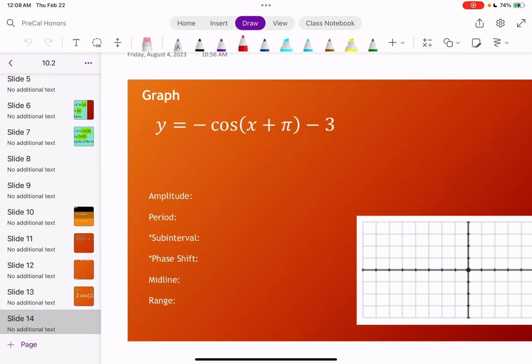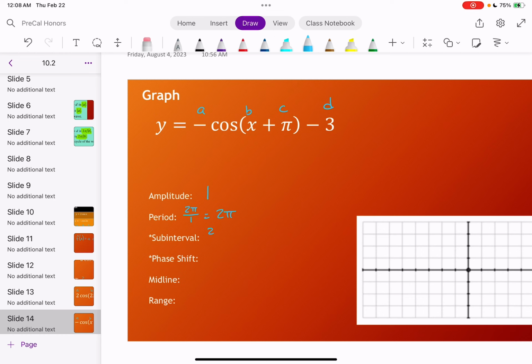In slide 13, here we have, once again, all 4 terms being shown. We have a -1 as our A, B as 1, C as a positive pi, and D as -3. Our amplitude in this case would be 1. Period would be 2 pi over B, which is 1 or 2 pi.